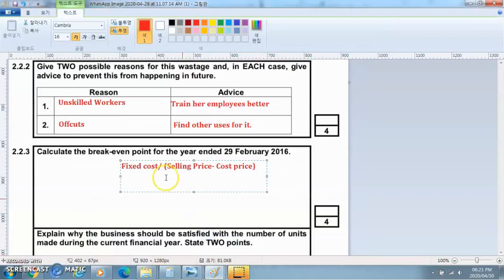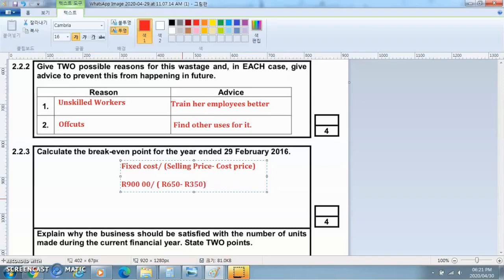So here we will just put in 900,000 rand, divided by selling price. If you still remember, it's 650, then minus 350.